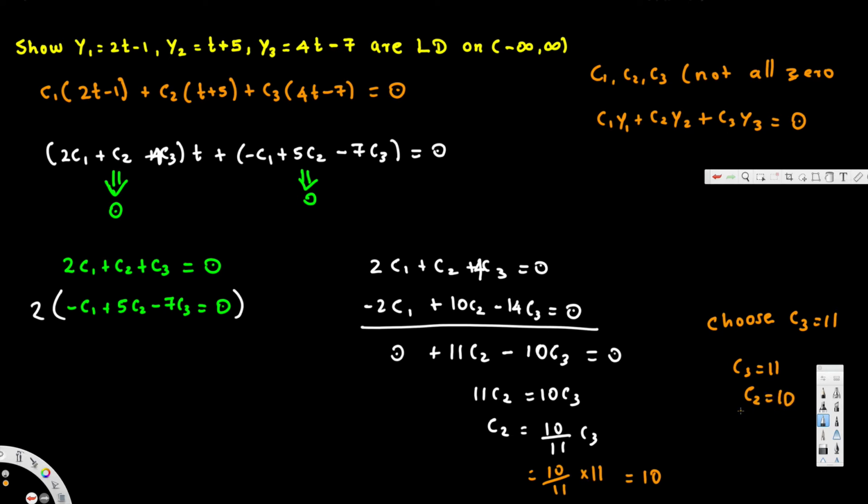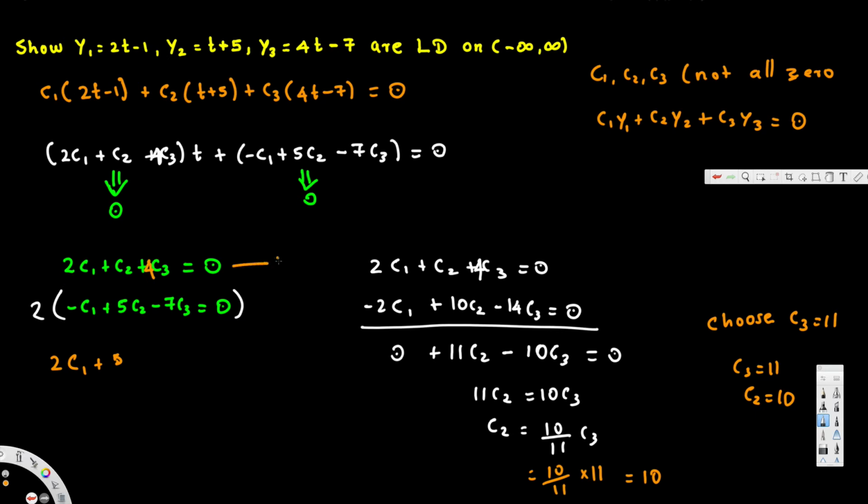To find C1, we can plug it in the first equation, and this one should be again 4C3. Now let's plug it in the first equation. 2C1, instead of C2 we put 10 because we found out C2 is equal to 10.